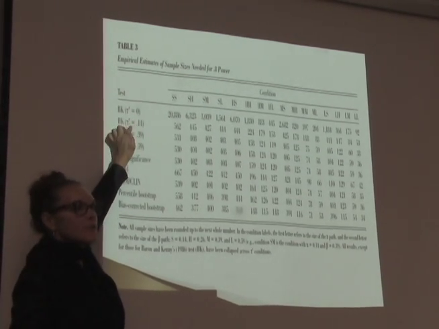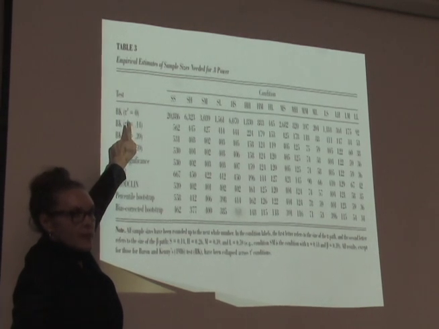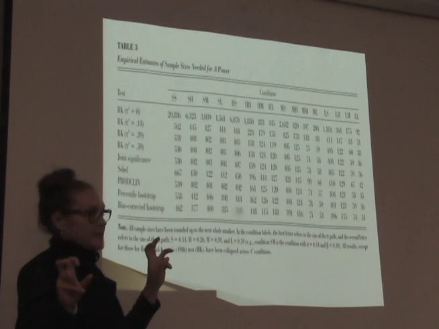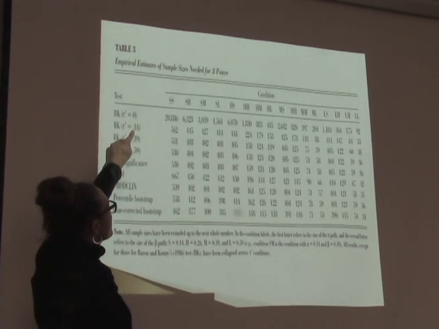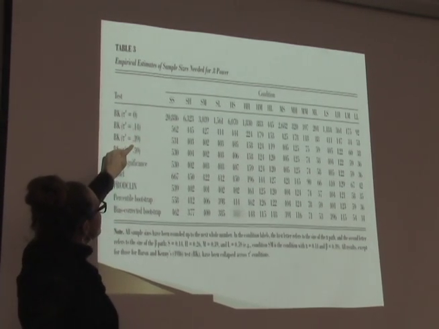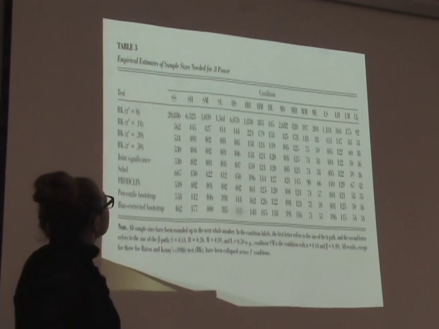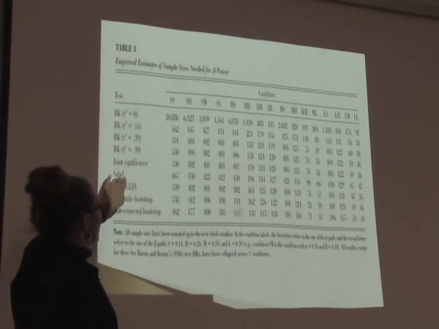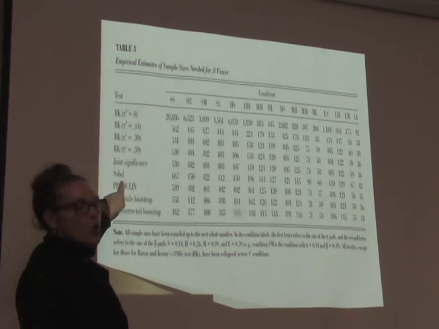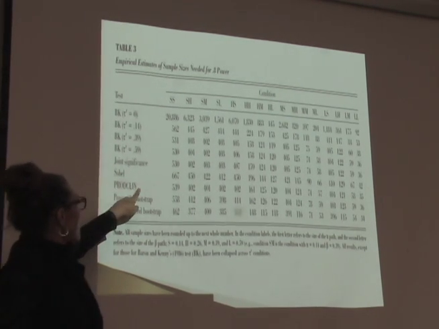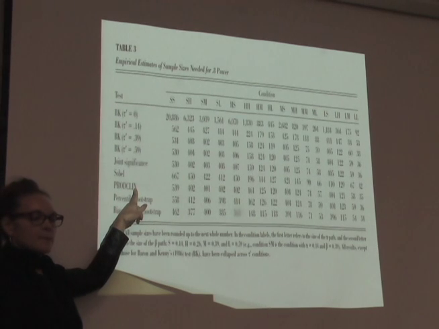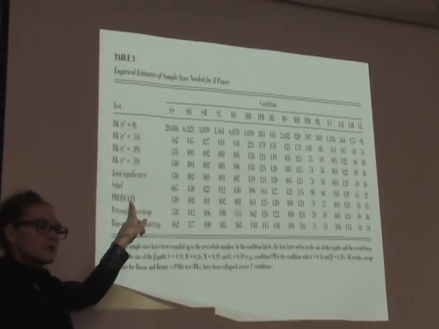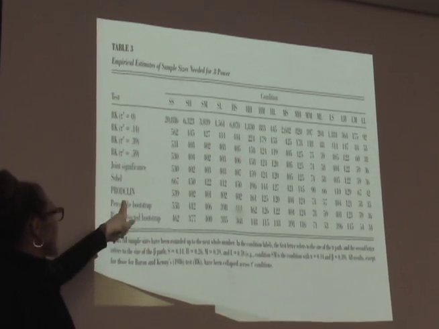This is the coefficient at the A or the B path. So these are the interpretations of effect size, which would be small is 0.14, medium is 0.39, large is 0.59. So these are all Baron and Kenny. This is the joint significance and the Sobel test. So these are both the normal theory tests. PRODCLIN is the MacKinnon asymmetric distribution of the product of coefficients test. And then these are two bootstrap methods.